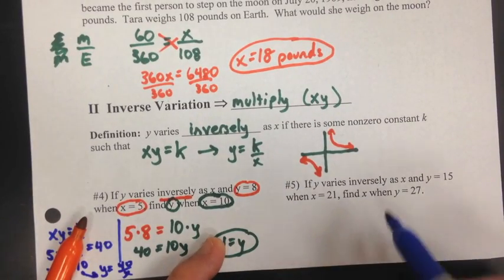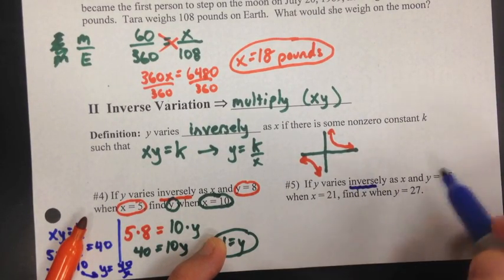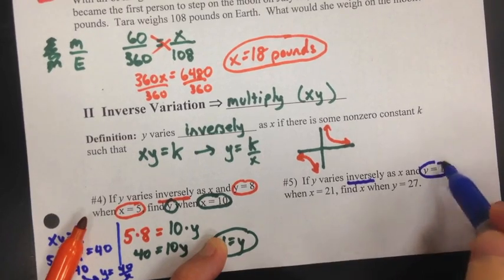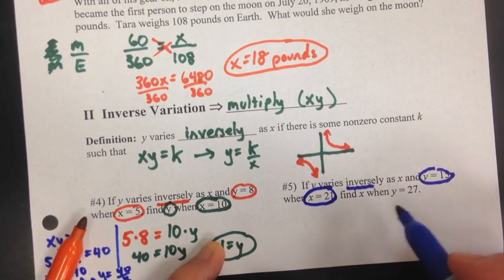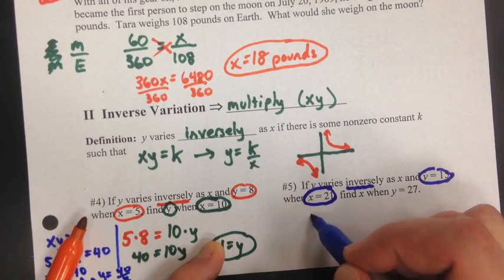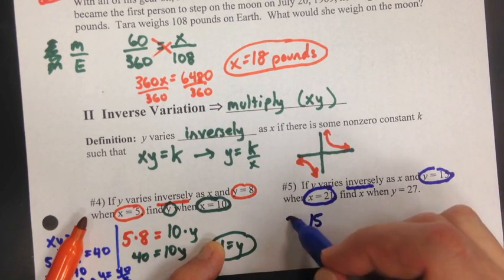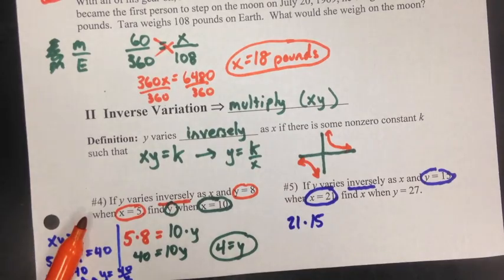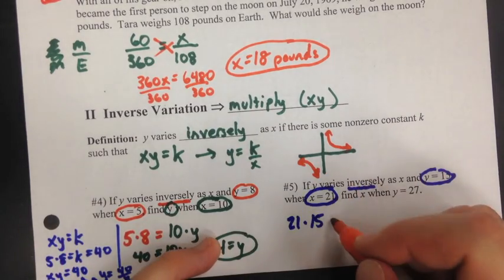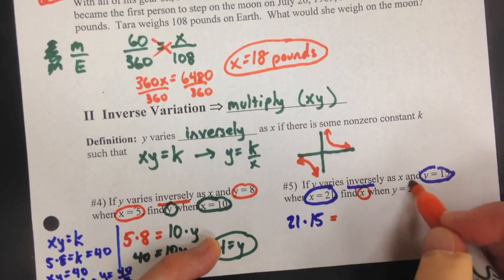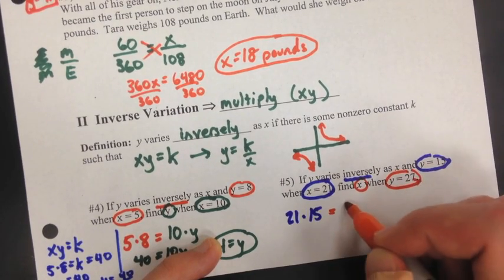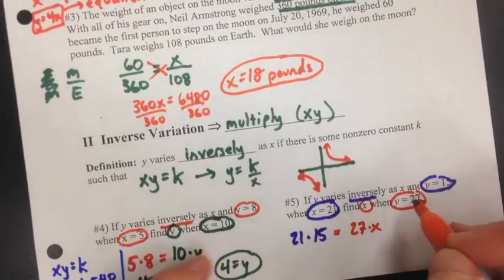If y varies inversely as x, y equals 15 when x is 21. Find x when y is 27. Well, we're going to multiply 21 times 15, x times y, equals x times y. Find x when y is 27. So I'll write that as 27 times x.